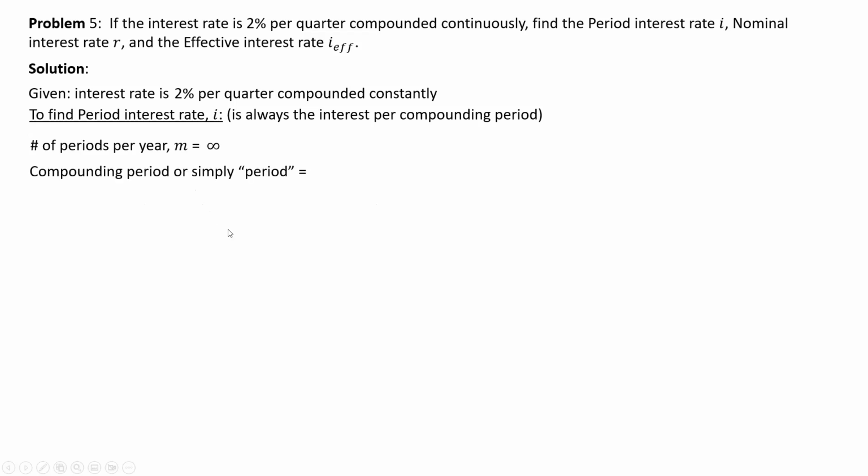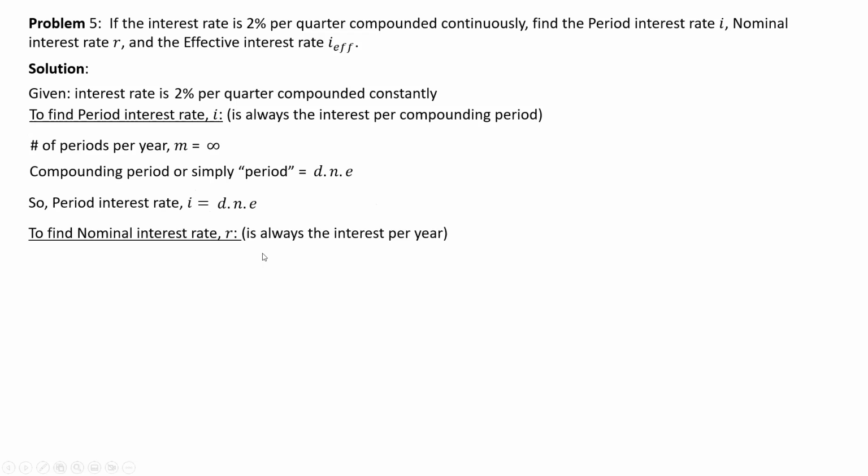Compounding period is 0 or does not exist. And there is no such concept of period interest rate for continuous compounding.